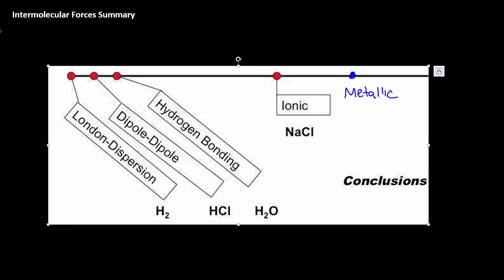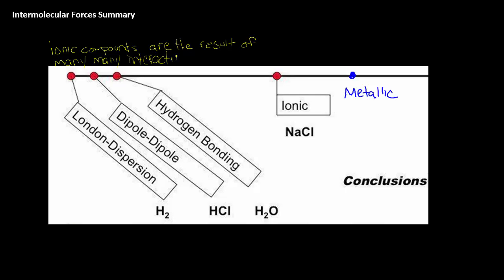The other two types of interaction we can look at are ionic and metallic interactions. Ionic compounds have many interactions between positively and negatively charged ions. Each one is small in and of itself, but the sum of millions and millions of them results in much higher melting and boiling points than any type of molecular covalent interaction.